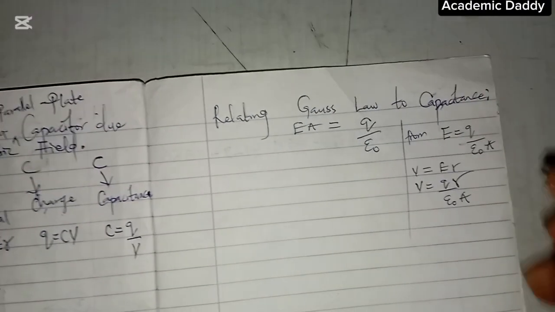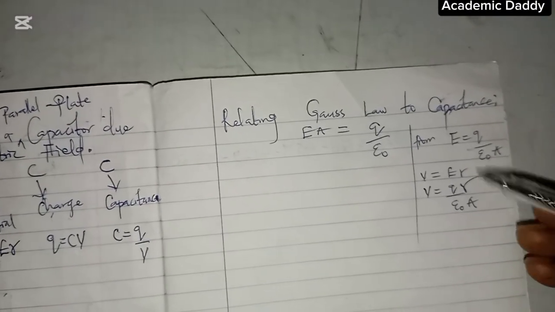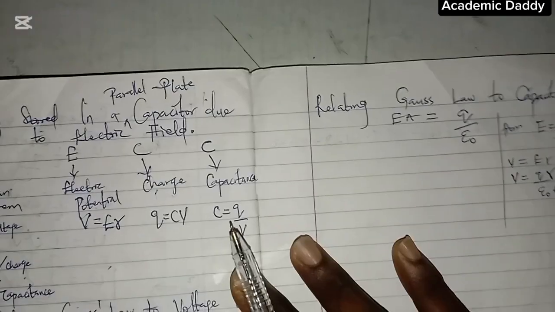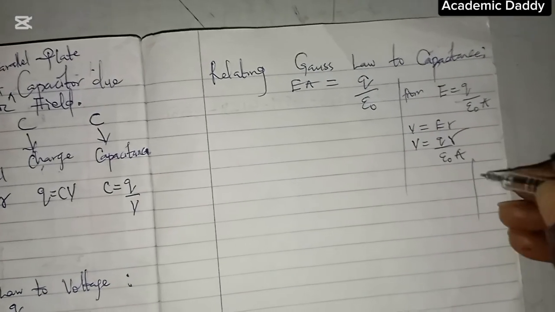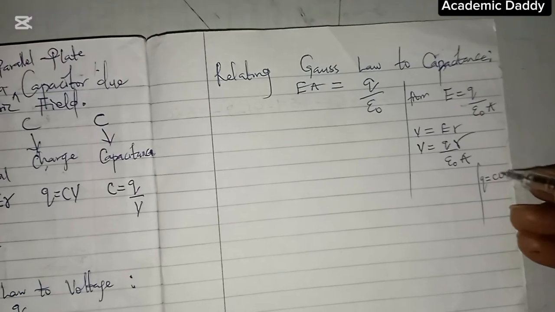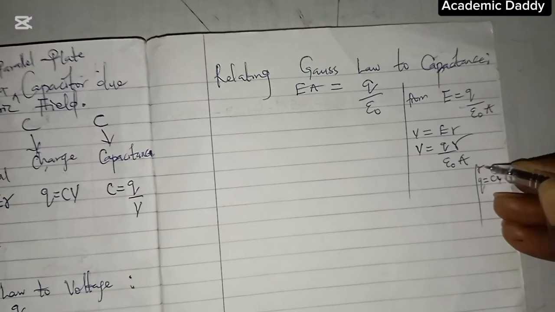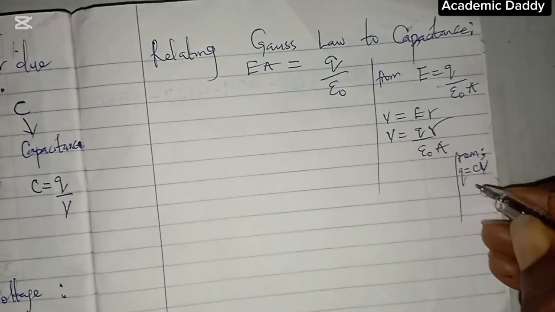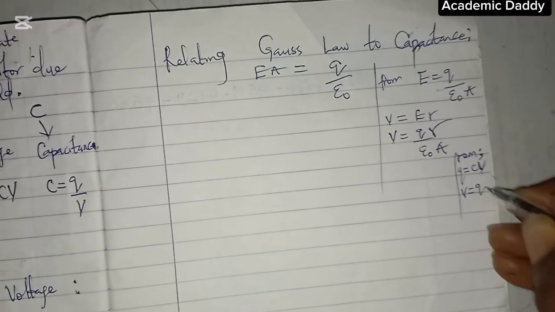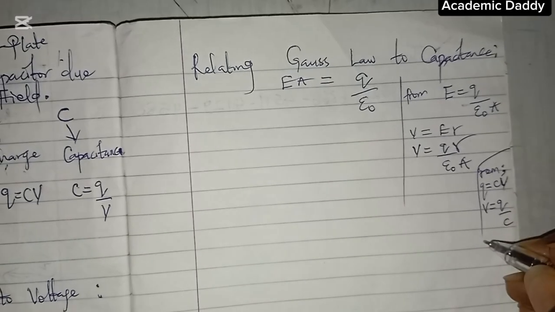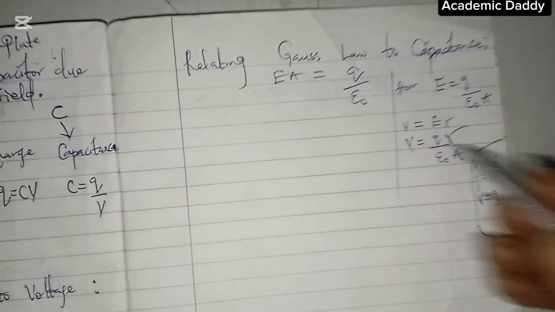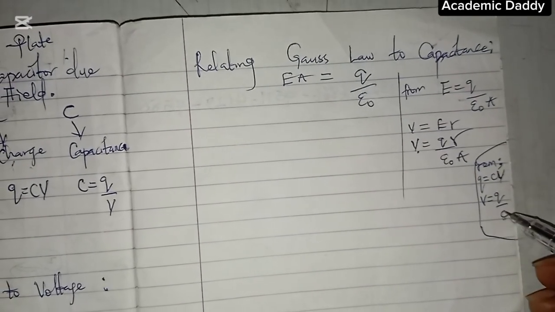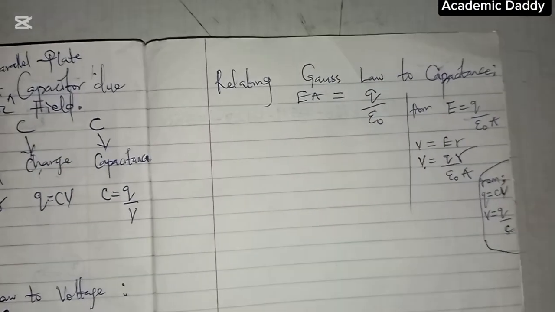If I'm relating capacitance to the three parameters, I normally say that Q equals CV. That means V equals Q over C. So I want to replace V here with Q over C so that I can have C to relate to Gauss law.